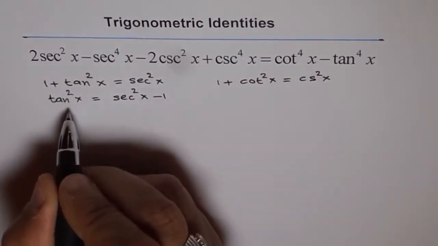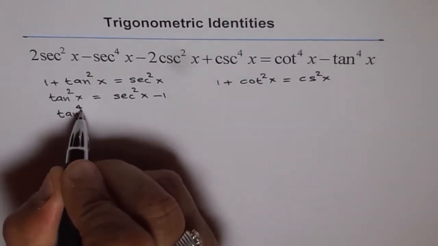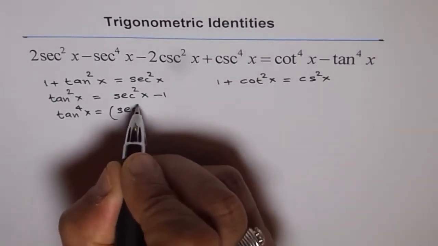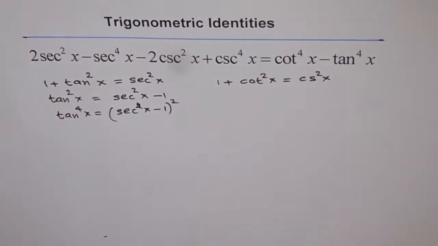And now if we square it, we get tan to the power of 4x equals the square of this, which is secant square x minus 1, and we'll expand later. So we square both sides.